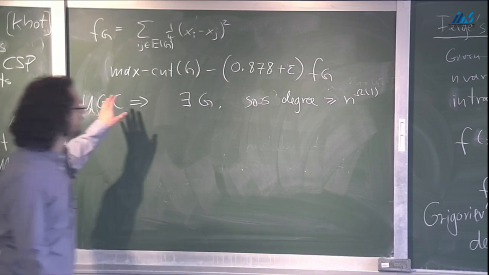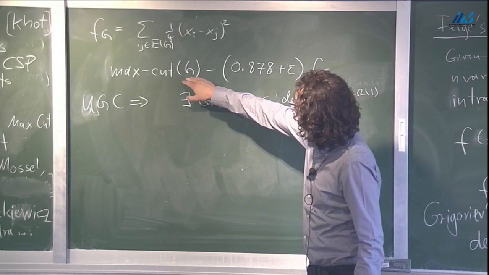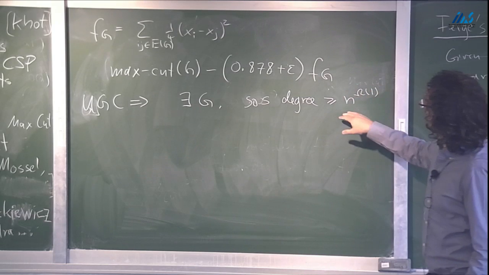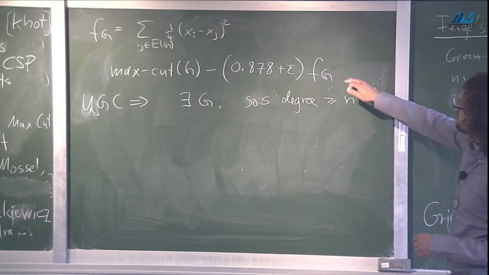If the Unique Games conjecture is true, then there should exist graphs such that this non-negative function on the hypercube has very large sum of squares degree. We don't understand it.